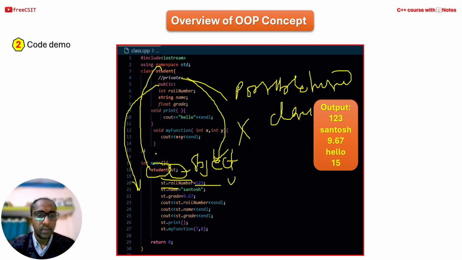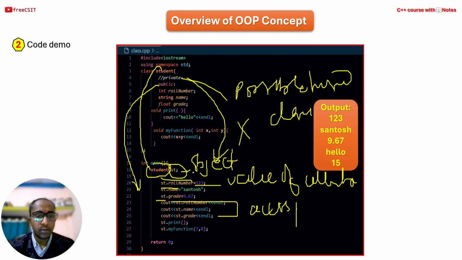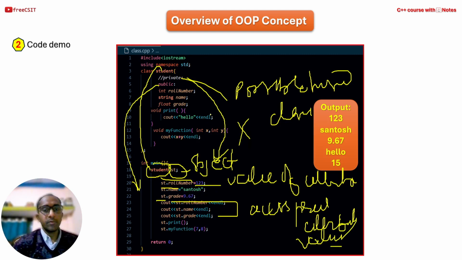This is the value of the attributes, and you can access or print the attributes value here. So the output will be printed like this.